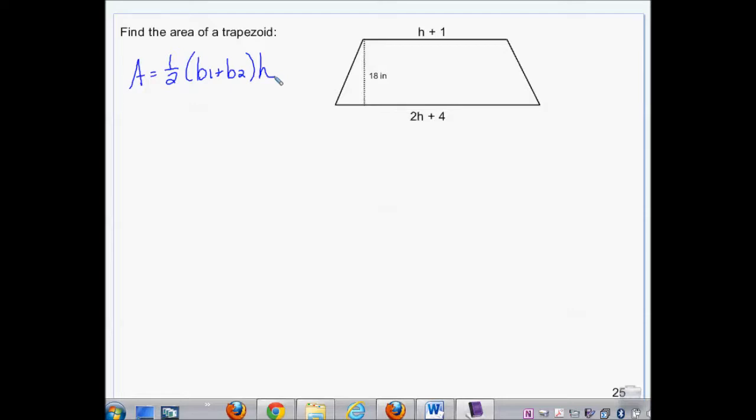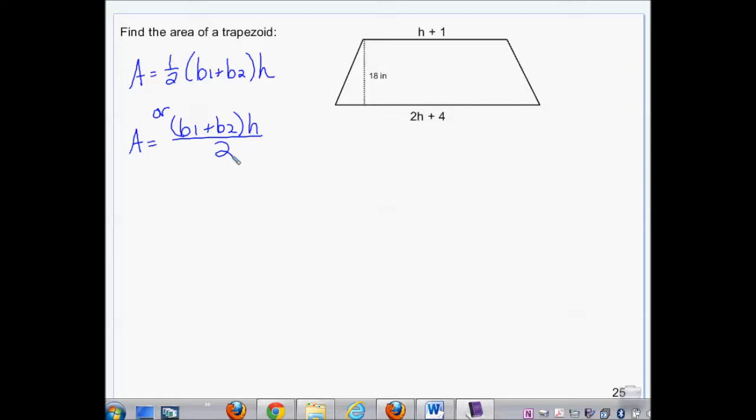Or, if you don't like fractions, add the bases, multiply by the height, and then divide by 2. That's just a bigger fraction. No, this is division, AKA fraction.